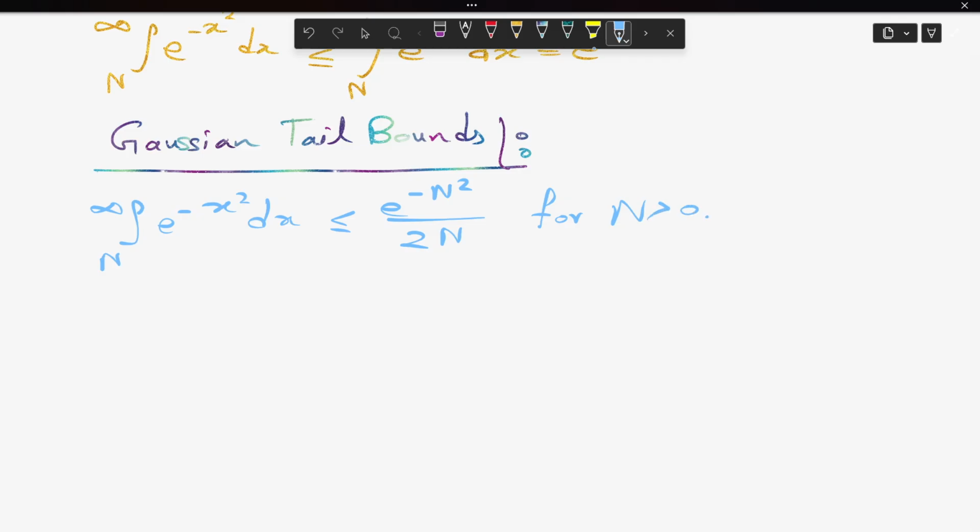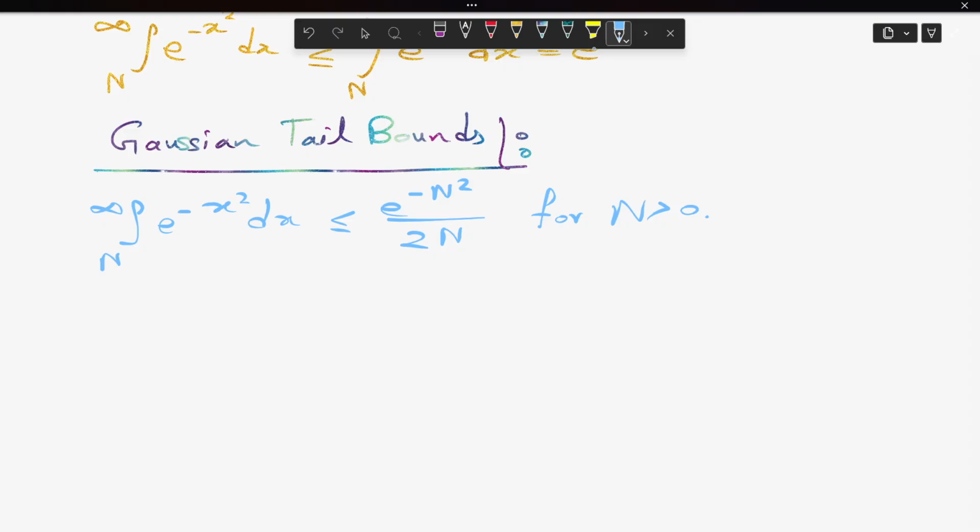This comes from the inequality that the integral from n to infinity of e to the power minus x squared dx is less than or equal to e to the power minus n squared by 2n, which can be derived via integration by parts.